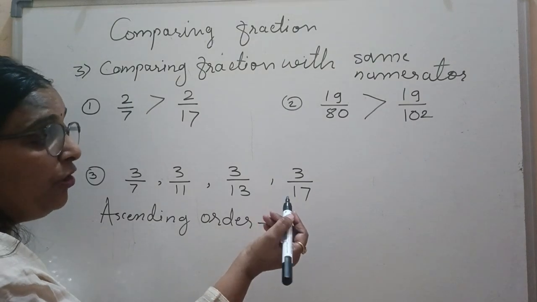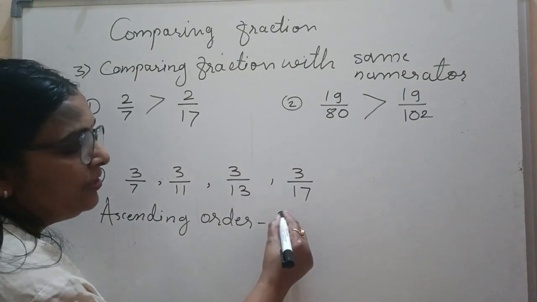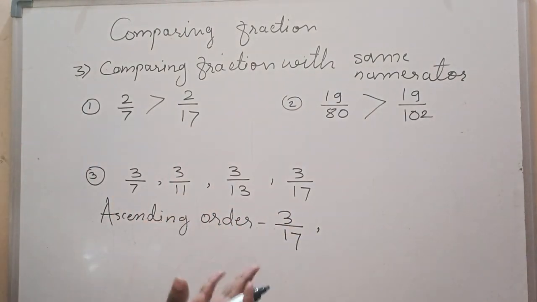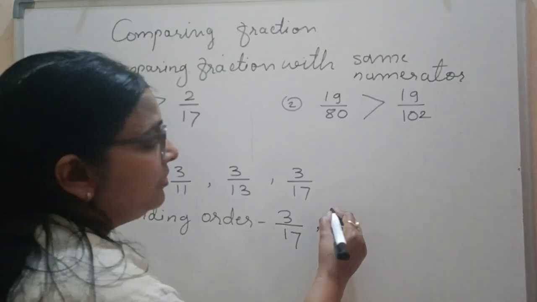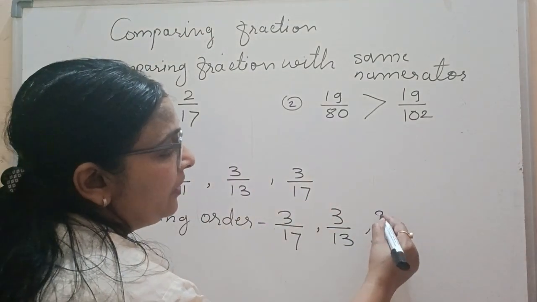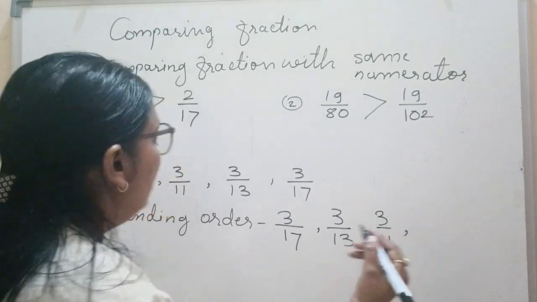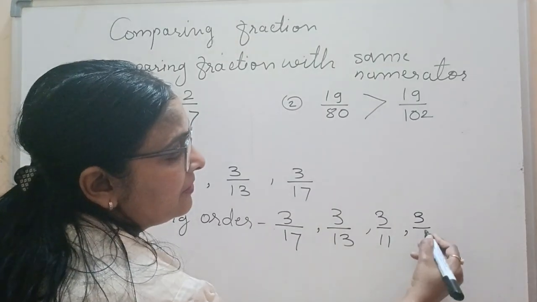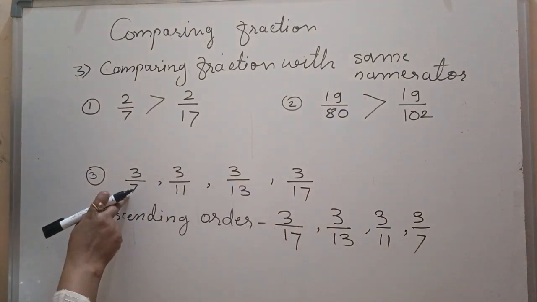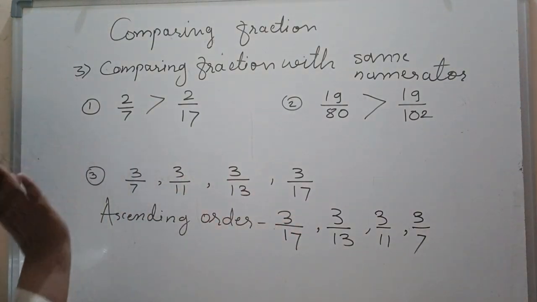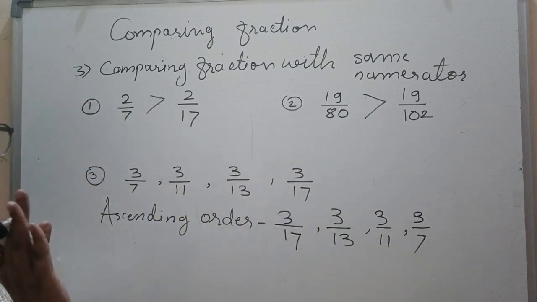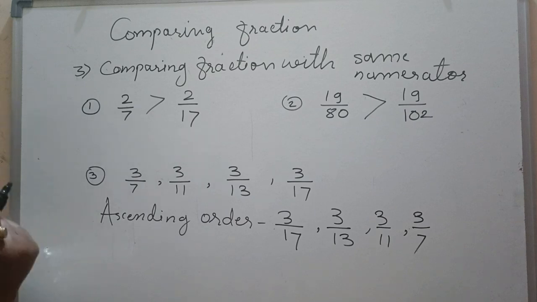That means the greater denominator, 3 by 70. Okay. Next with greater denominator, 3 by 30. Next 3 by 11. And last 3 by 7. As here the smallest denominator is 7, this fraction is the greatest fraction. Therefore, we have written that one last. Got it here? I think so.